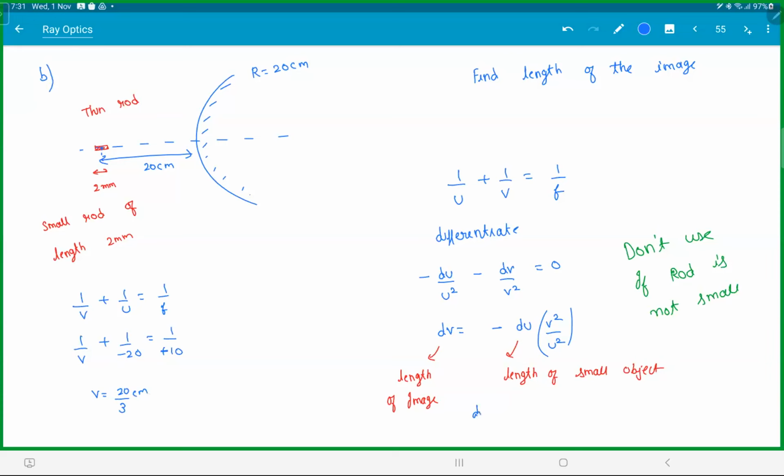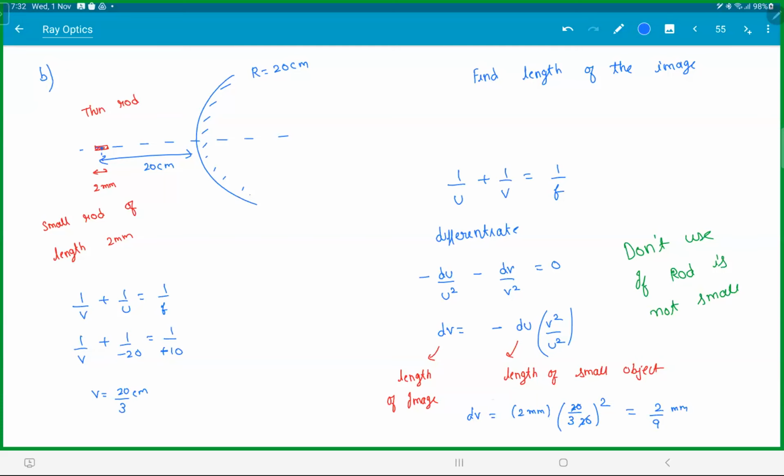Now dv will be, taking magnitude, 2 mm into v square, which is 20 by 3 squared, over u square, which is 20 squared. 20 cancels, giving 2 by 9 mm. Minus simply indicates the image got laterally inverted. So the image forms at 20 by 3 with a width of 2 by 9 mm.